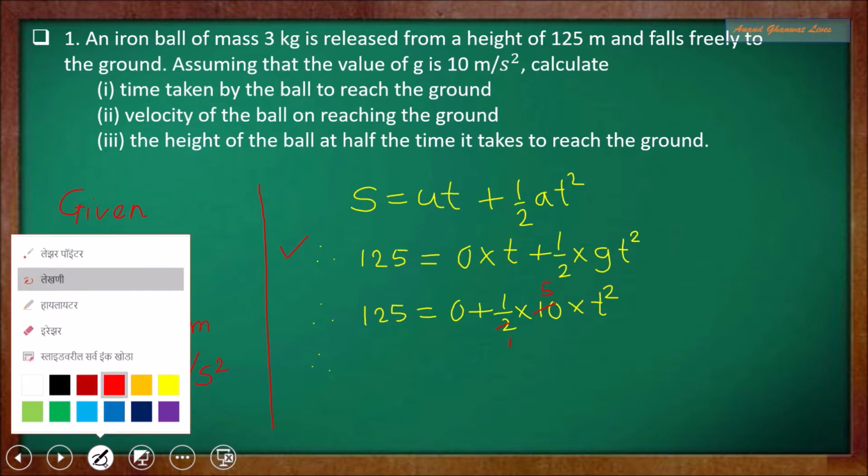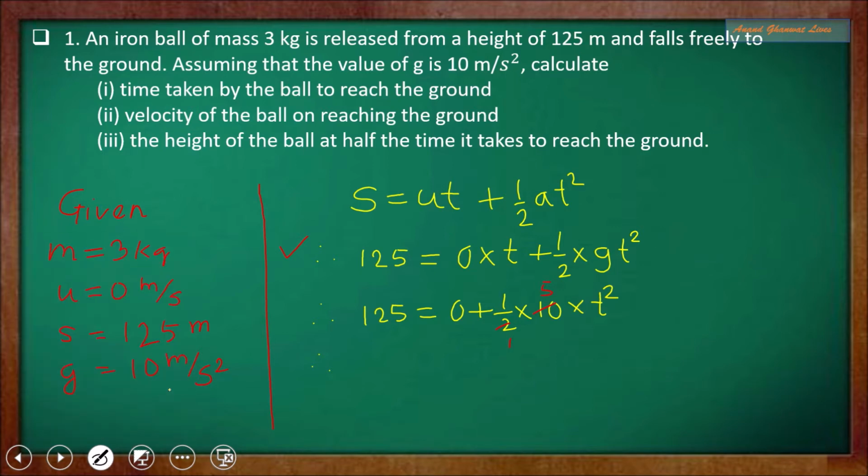Therefore 5 into t square is equal to 125, and therefore t square is equal to 125 divided by 5, and that is 25.